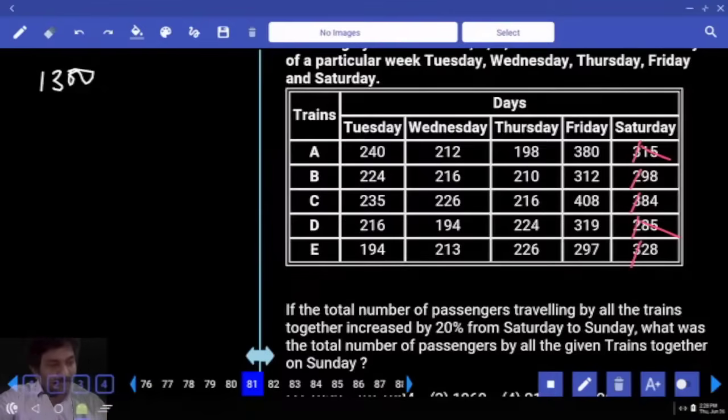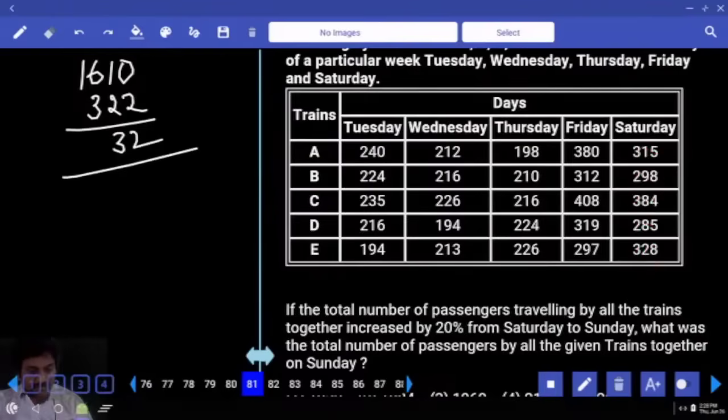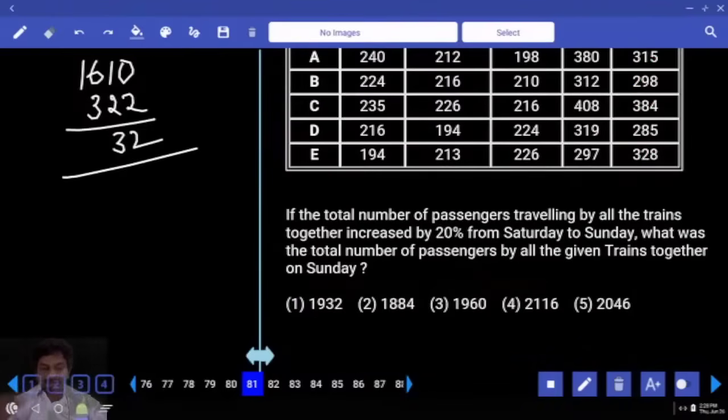Come on. 80, 20. 200. 298. 302. 310. 1300 plus 310. 1610. 10% is 161. 20% is 322. Answer ends with how many? 1.